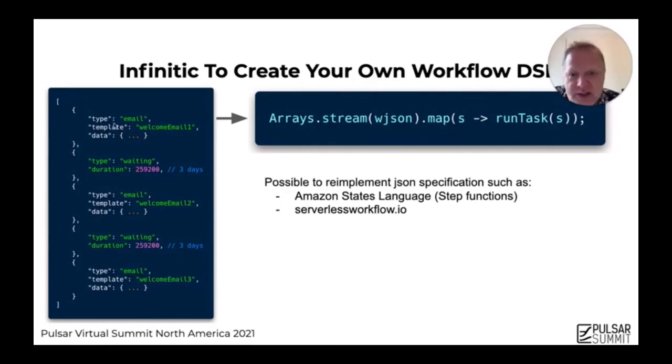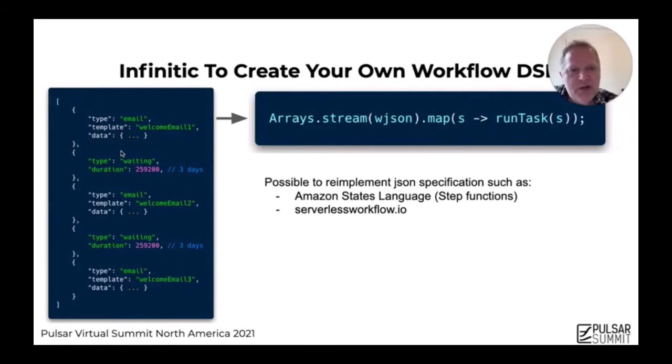Here, the function run task will take a node of this JSON and, using an Infinitic client, dispatch the corresponding task. That's it. And so maybe you realize now that having a tool like Infinitic is very powerful, because you can run in code your own workflows for your needs, for a lot of applications.